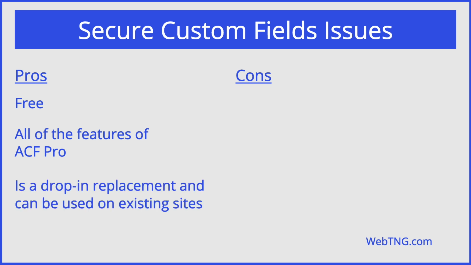It is also a drop-in replacement, so users can switch from ACF Pro to SCF without cost. And it's not limited to just using it for new sites. It can also be used on existing sites, and the ACF Pro subscription can be discontinued.